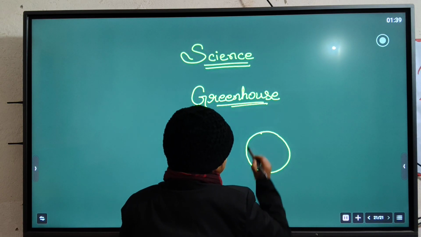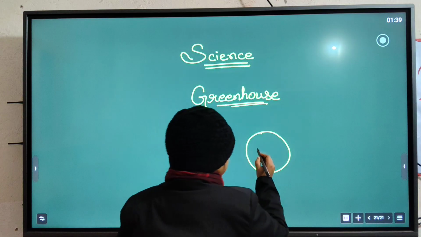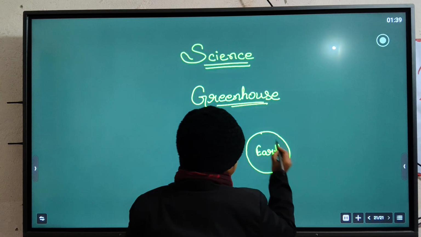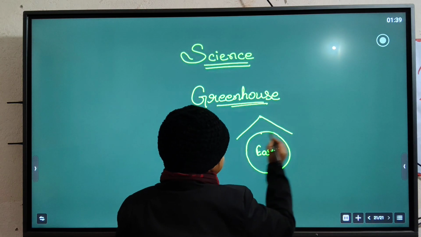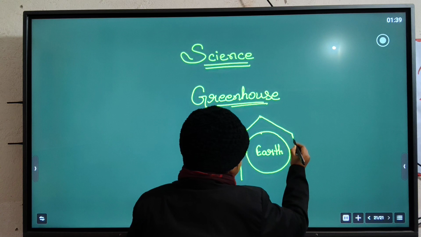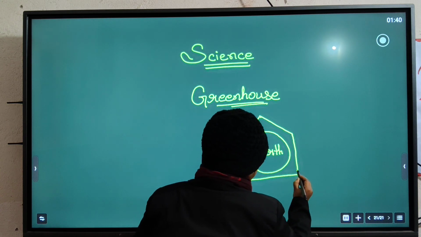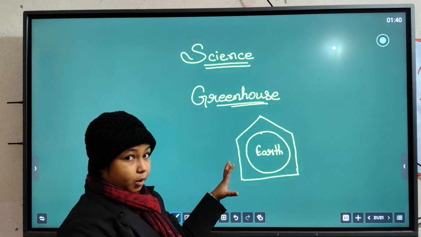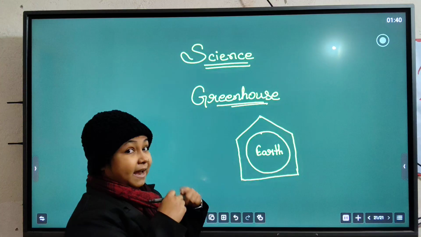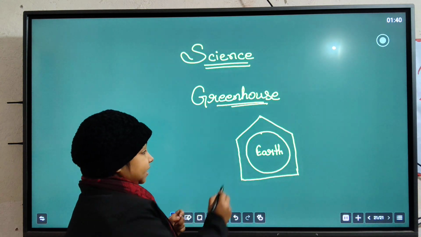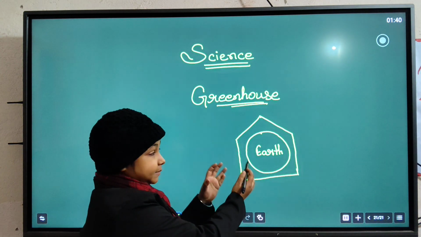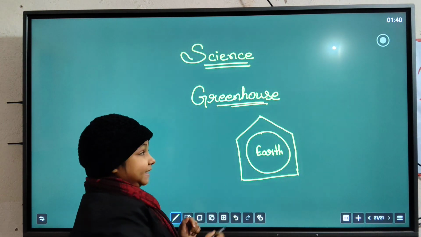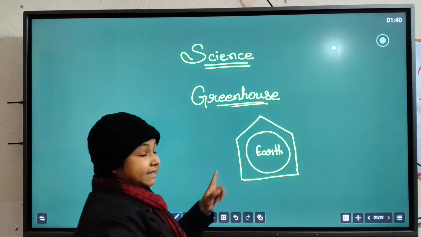Suppose this is our earth, which acts like the plants, and this is the greenhouse. The glasses of the greenhouse act like the atmosphere of the earth. Means, suppose the earth is the plant and the earth's atmosphere acts like the greenhouse glasses.